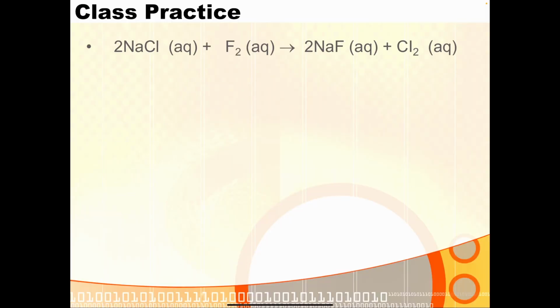Next one, NaCl plus F2, fluorine, will give you sodium fluoride plus chlorine. If you write down the half equation, chloride, Cl minus, loses 2 electrons and becomes Cl2, and fluorine over here is gaining electrons.